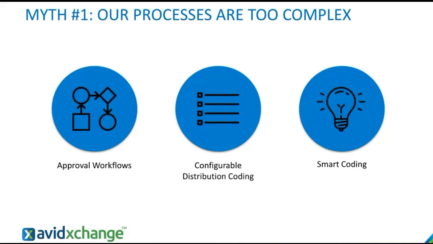And what if I have a normal approval workflow based on a certain dollar amount threshold? Could I send the invoice to somebody else? Absolutely. We have what's called a conditional step.